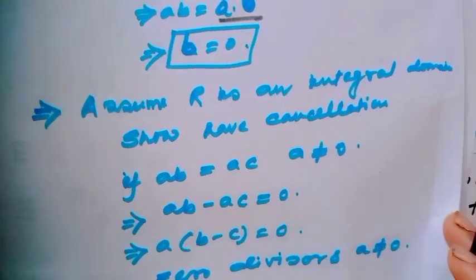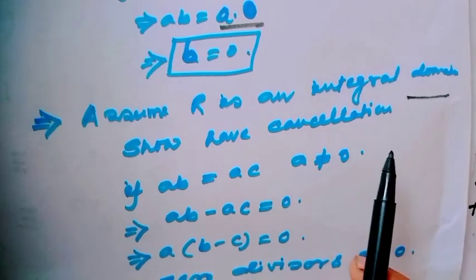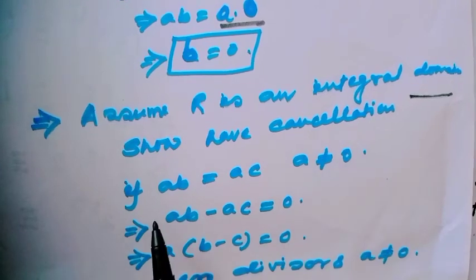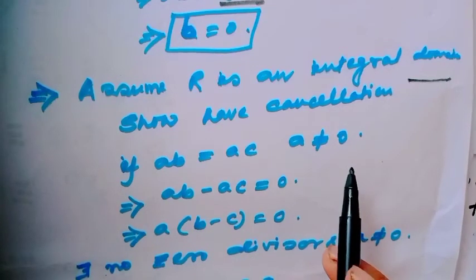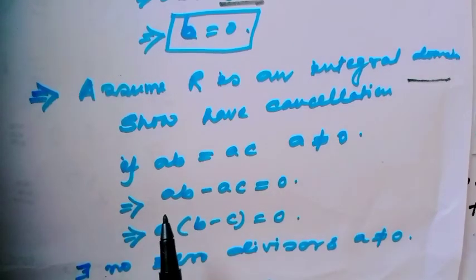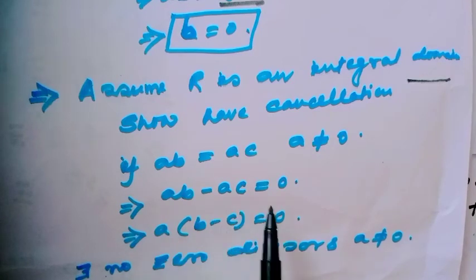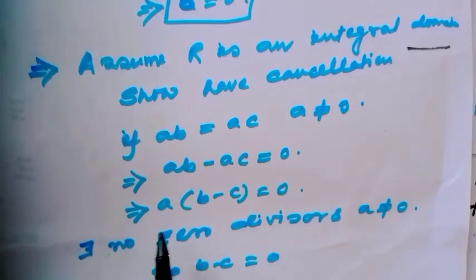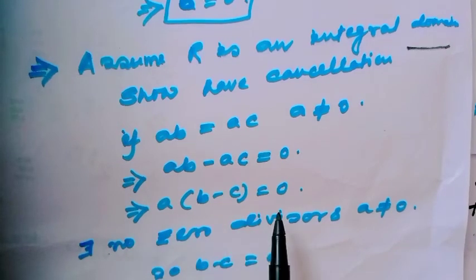Assume R is an integral domain, and we have to prove the cancellation law holds. If AB = AC where A is not equal to 0, then in a ring we can obviously subtract. Therefore we can write AB - AC = 0. Then by the distributive property we can write A(B - C) = 0.